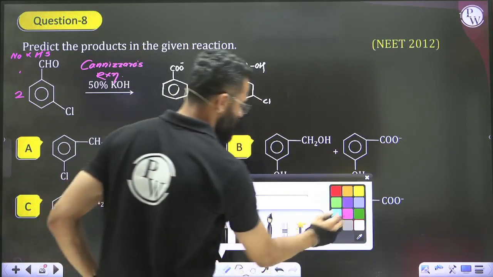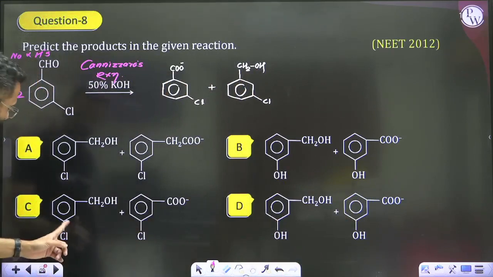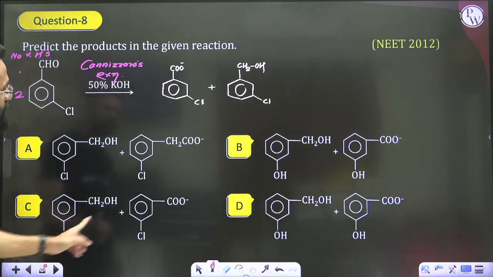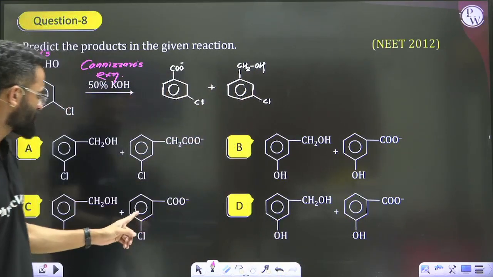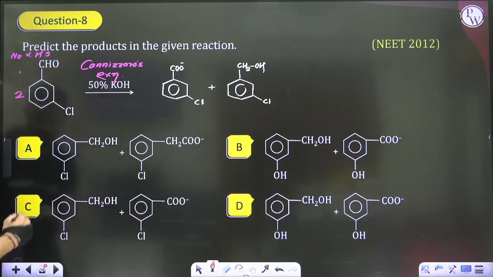So just observe which option is saying this. Yes, look at option C. There is benzyl alcohol carrying chlorine and there is benzoate ion carrying chlorine at meta position. Option C is the most appropriate choice.